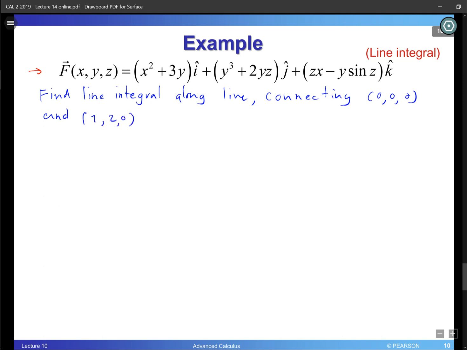So what do we have here? We have this vector field and we have this line in 3D.